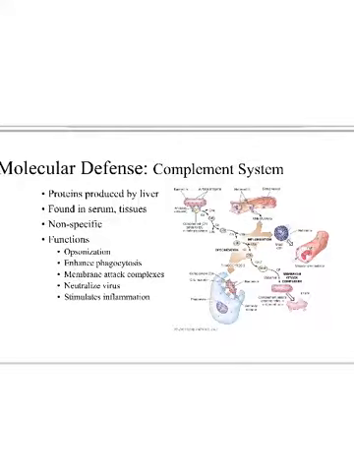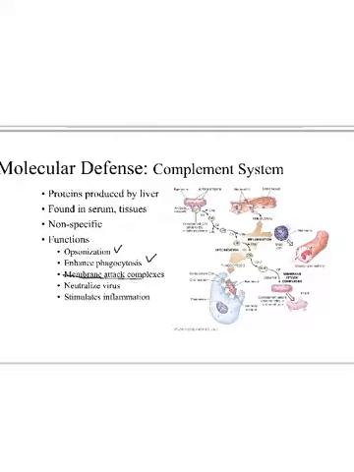the overall effects. So one thing it does is called opsonization. Opsonization is like tagging some of the pathogens so that the white blood cells will engulf them better. So it's like marking them so that the phagocyte will gobble them up. So they enhance phagocytosis.